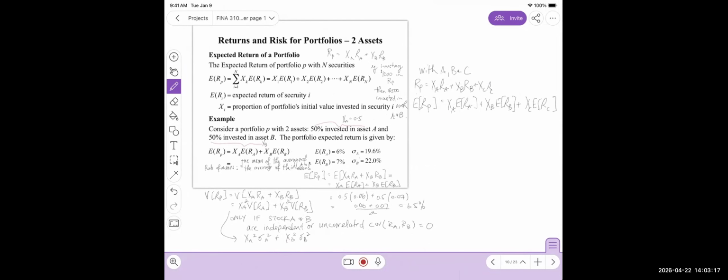Okay, so what about the variance? What would that formula look like? I'm going to give you guys another chance at that.